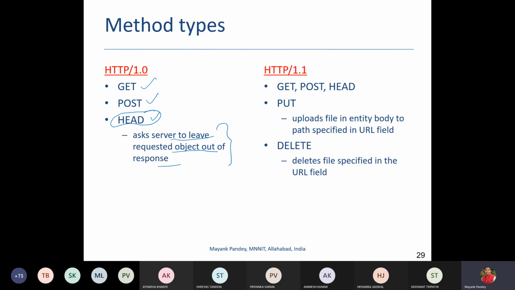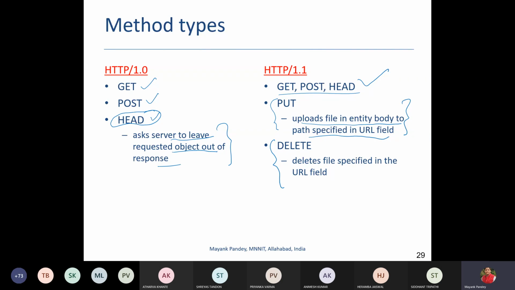Now in HTTP 1.1, these are there, but two extra methods are there. Suppose I am a network admin, an administrator of that website, and I want to change my website or include a web page using the HTTP interface. One way of doing it is to sit on that machine and include another web page, or create a new link, or do all those kinds of things.